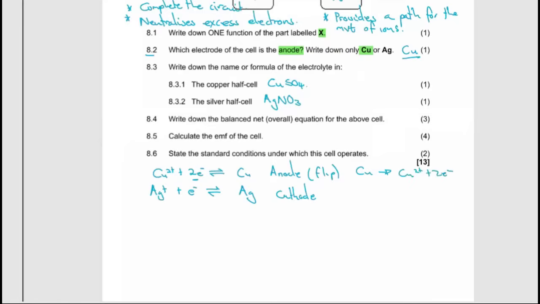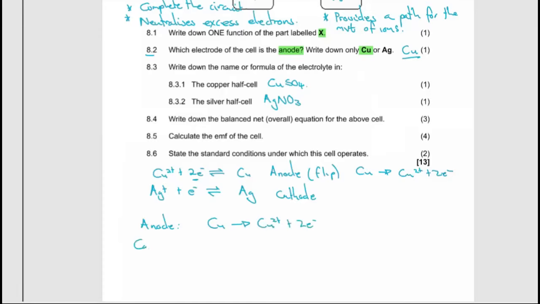So this is what is going to happen at the anode. Just to rewrite that: at the anode, Cu gives Cu2+ plus 2 electrons.